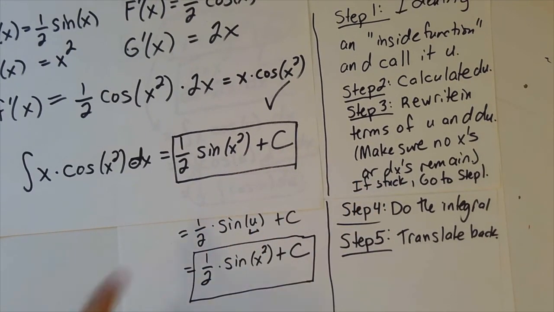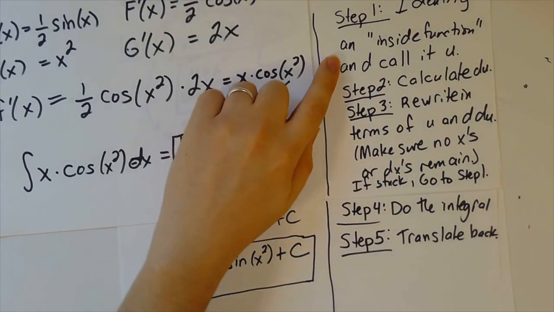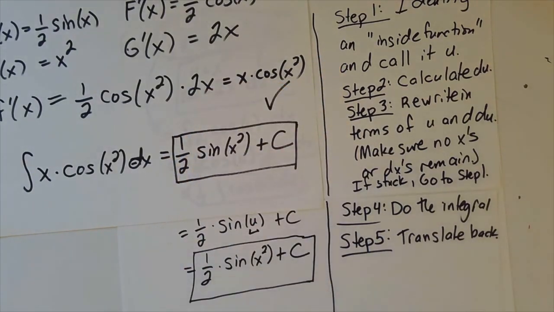It helped us sort of ferret out exactly where things were going, so I didn't have to guess quite so many things. But as we'll see in future videos, sometimes we're just going to guess wrong what to take as my u, and then we'll have to go through this process a few times before we get to the end.